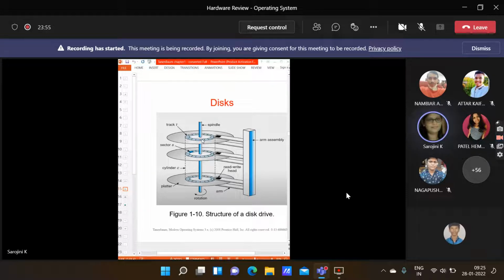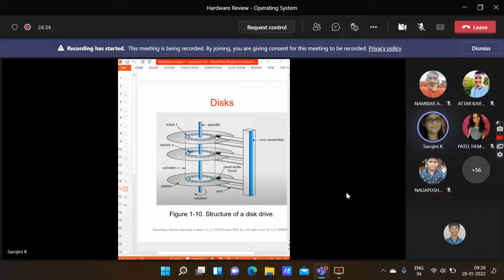Now, at any point of time, if you look at all the read write heads, they will point to the same track number. I did not say sector, I said the same track number. If you assume that right now all the read write heads are pointing to track number 10, then that will form a cylinder. When I say track, that specifies a track in a single platter.